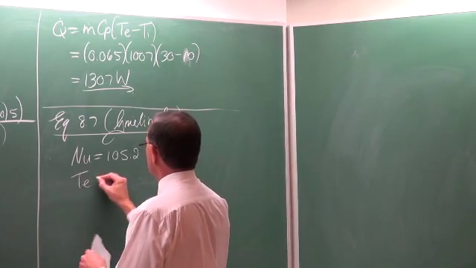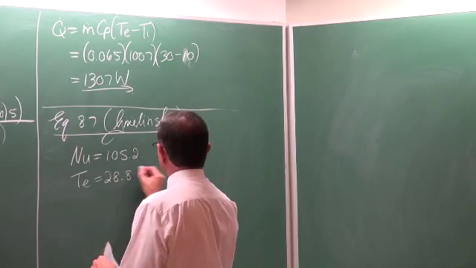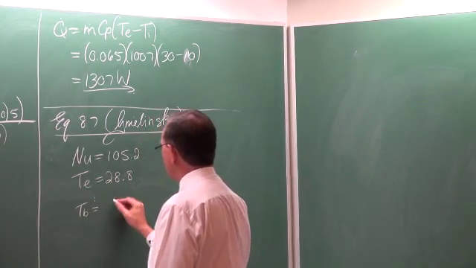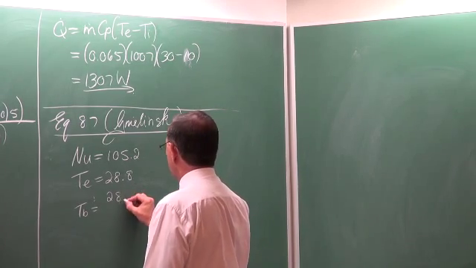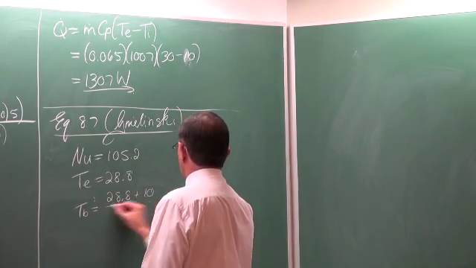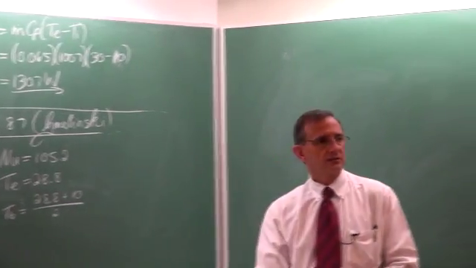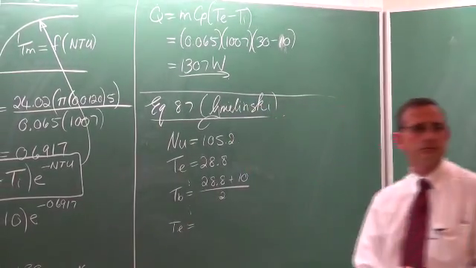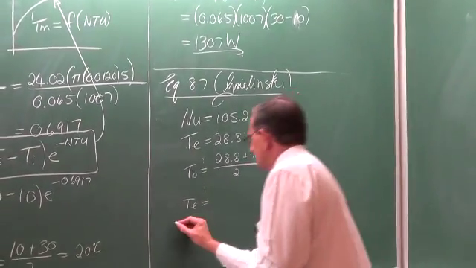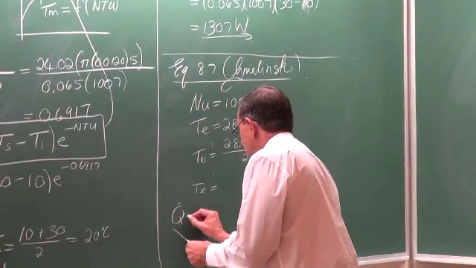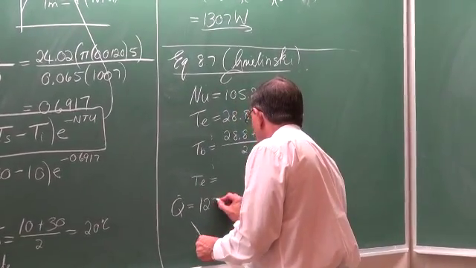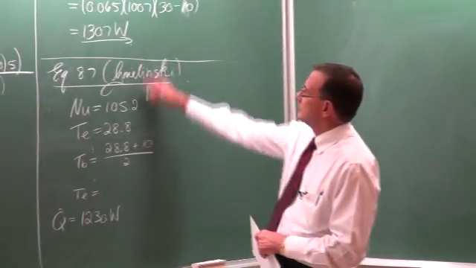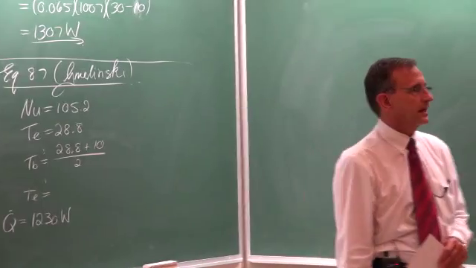The outlet temperature is equal to 28.8. So you are supposed to recalculate the bulk temperature like that. Okay. Recalculate again the outlet temperature, and the heat transfer rate would then be equal to 1,230 watts. So it's very, very close actually to that value there, within about 6%.